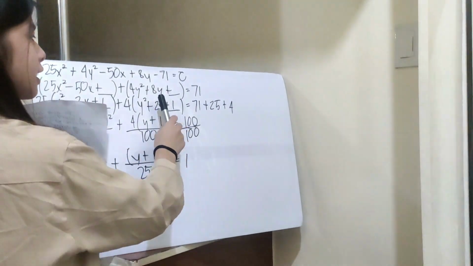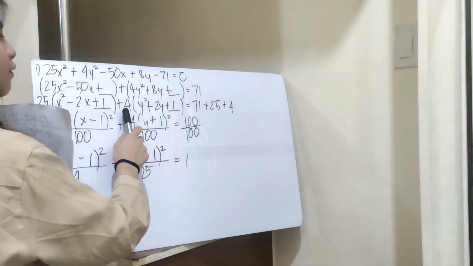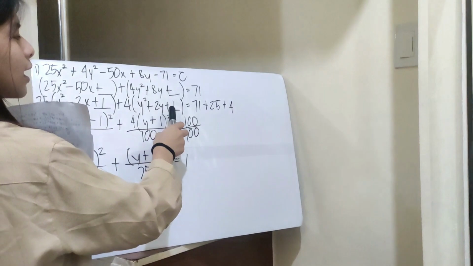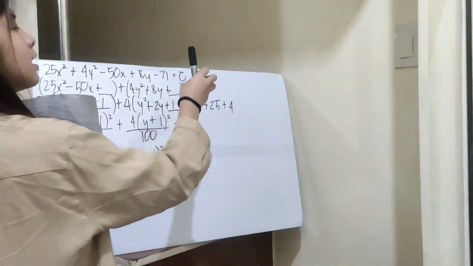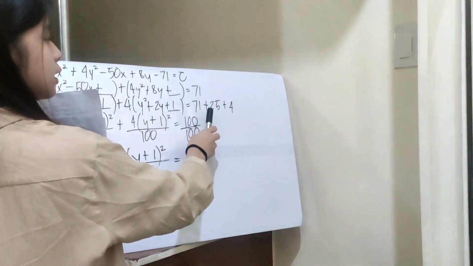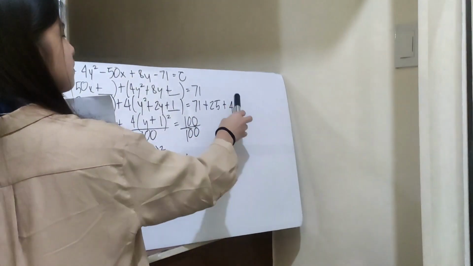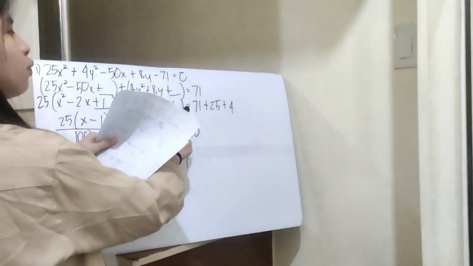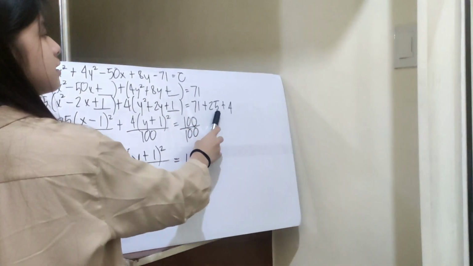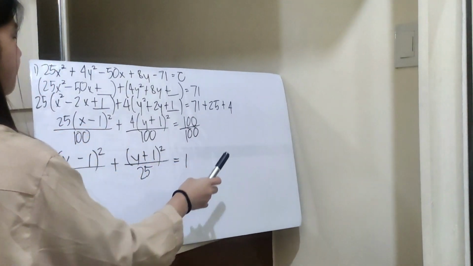The same thing we did here: we divided 8y by 4, which is positive 2y, and then plus 1 since we divide 2 by 2 and square. And copy 71. And we got this by simply multiplying 1 times 25, and then 1 times 4, which is 25 and 4.